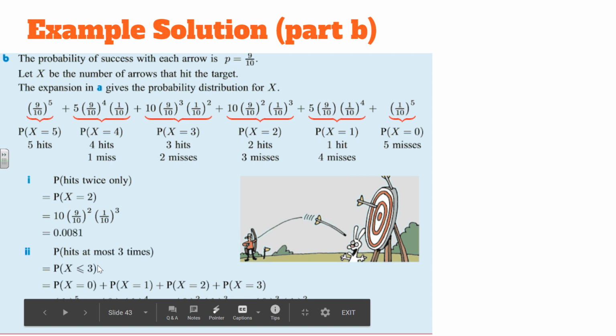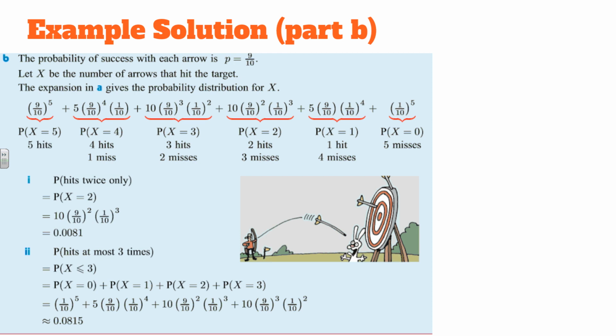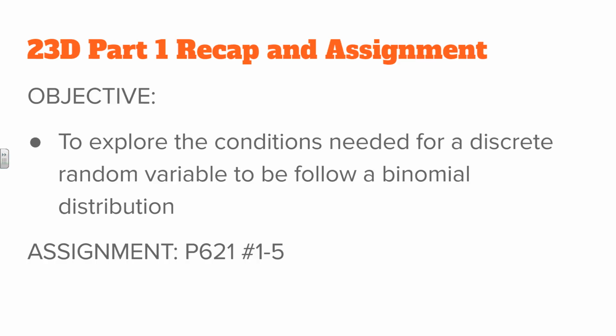Hits at most 3 is the same thing as saying x is less than or equal to 3. Well, less than or equal to 3 is equal to 0 plus 1 plus 2 plus 3. So you add up all of those instances and you get 0.0815. Instead of finding at most 3, I could have also done 1 minus the probability of 4 and 5. Add those two together. Sometimes it's a little easier to do it that way.